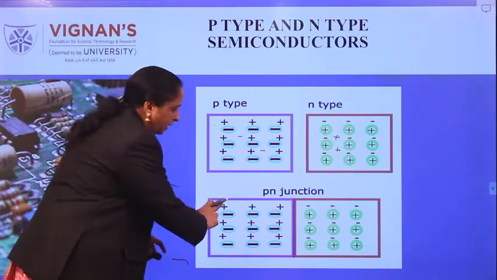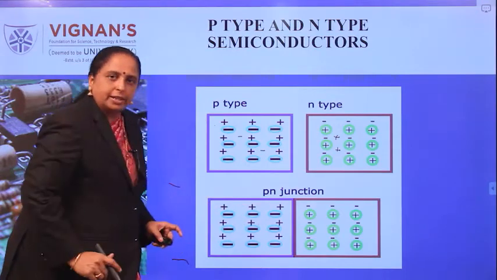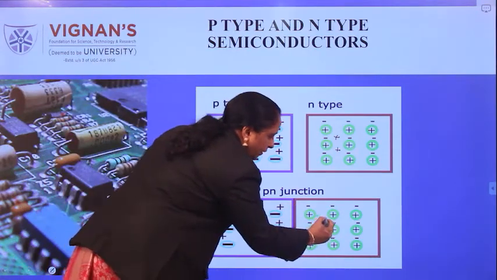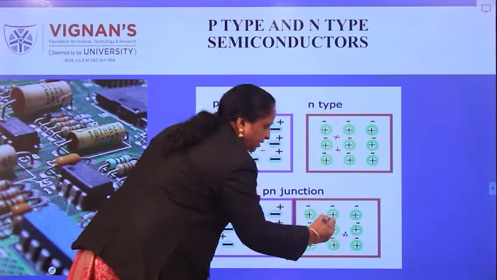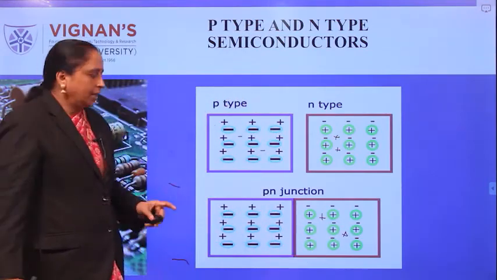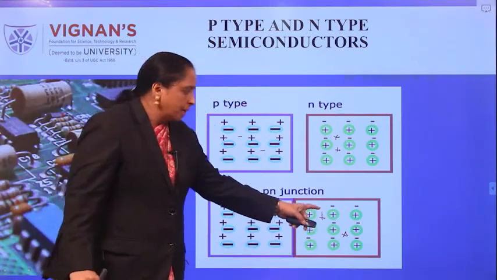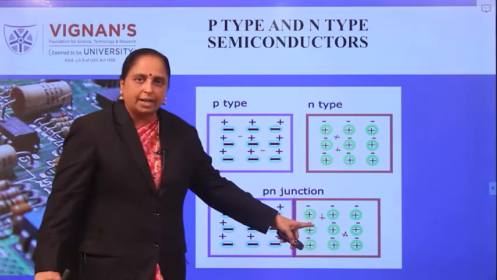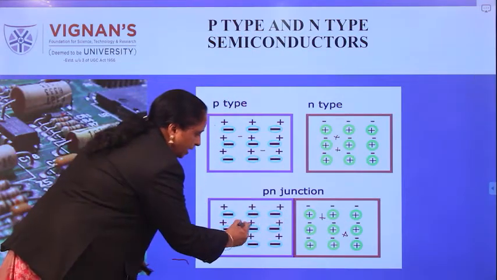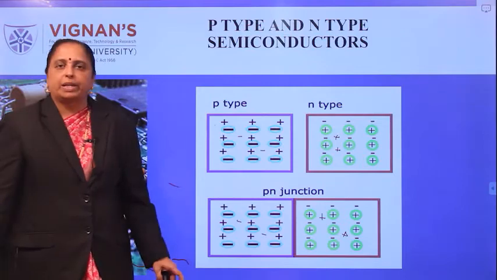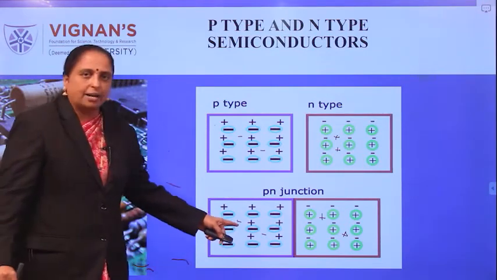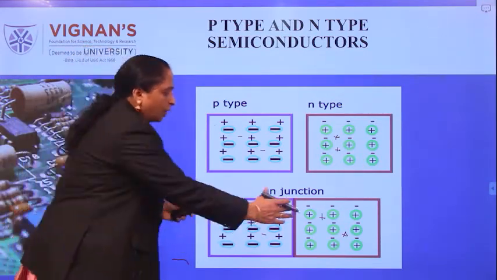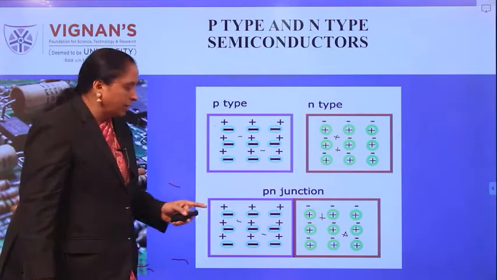See here there are more positive charges, and here there are very few positive charges. Similarly, in N-type semiconductor, there are more electrons in the N region and very few electrons in the P region, because they are minority carriers here. Now, if you combine these two materials, what is going on?